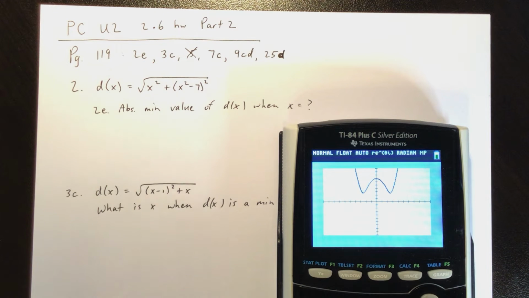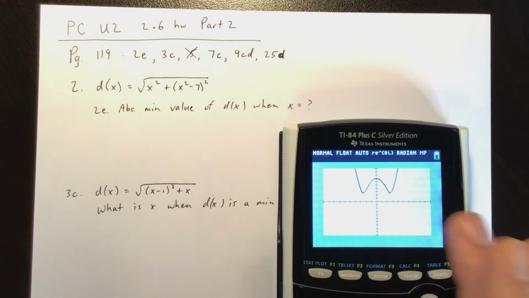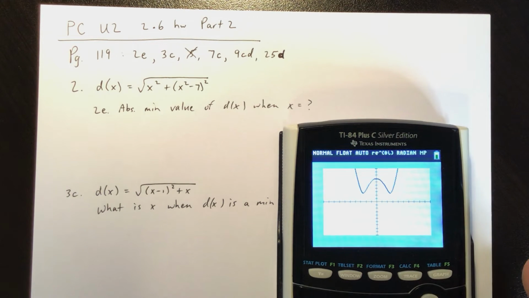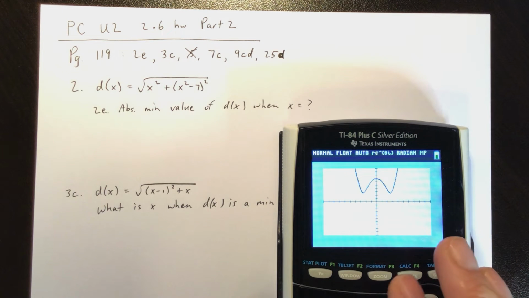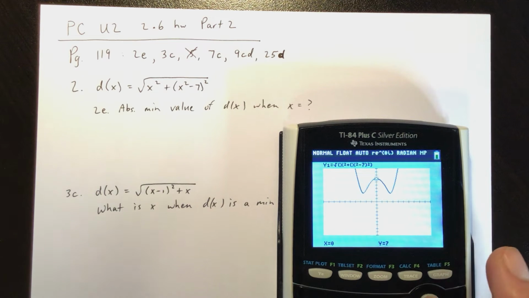Now, as you can see, the function d of x is graphed here, and the function represents the distance, like I said, from that point to the curve depending on the x. So let's say, for example, we trace the curve.